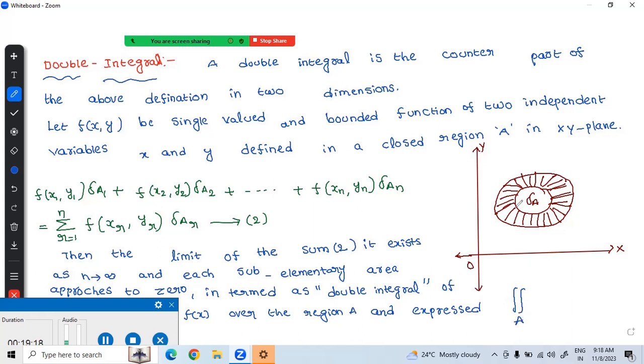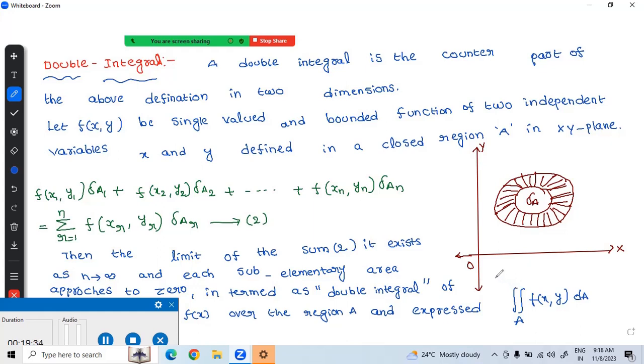Simply it is to find out area, simply denoted area f of x comma y delta a or dA. Area is finally found out.